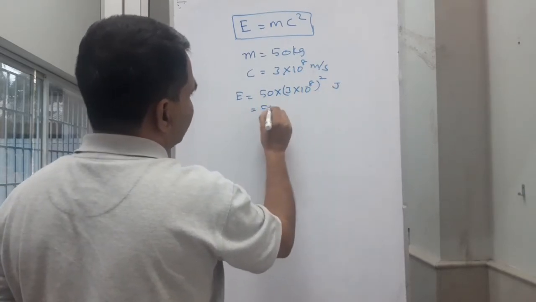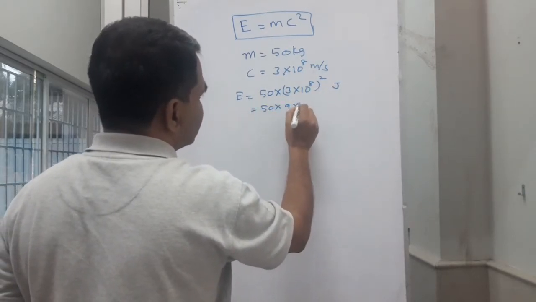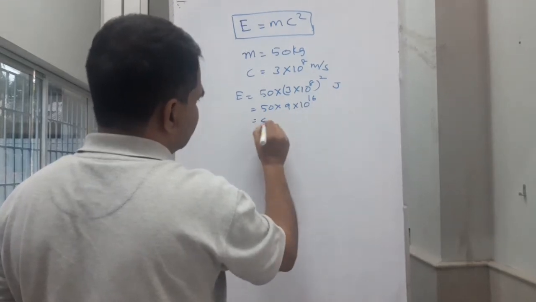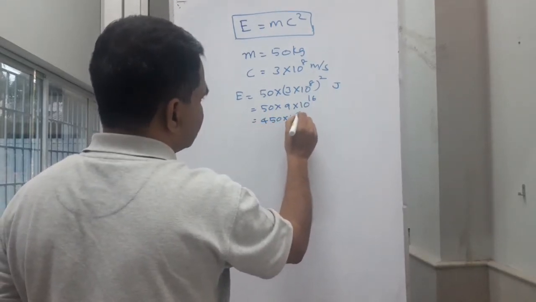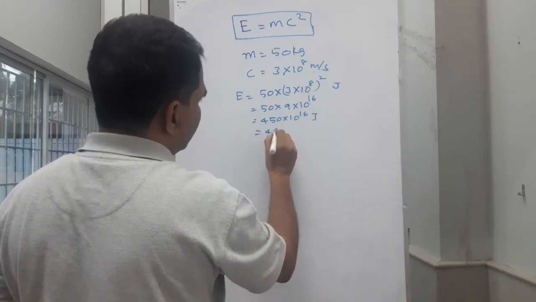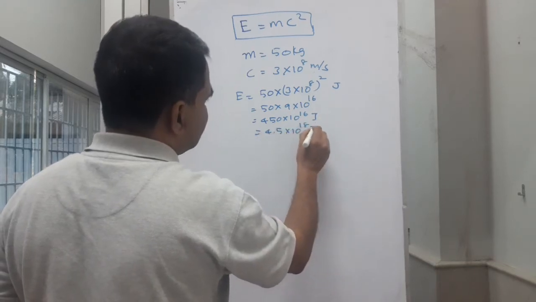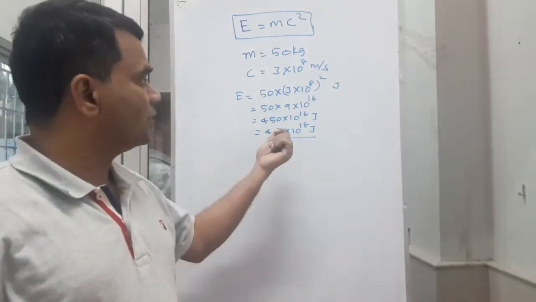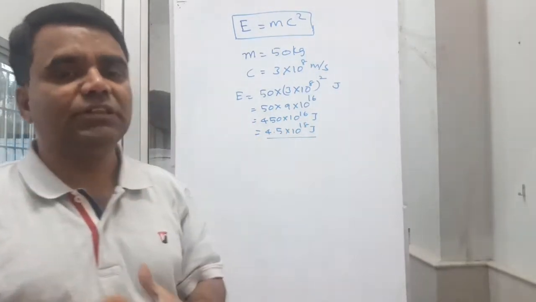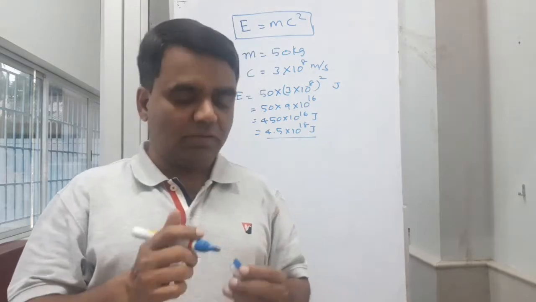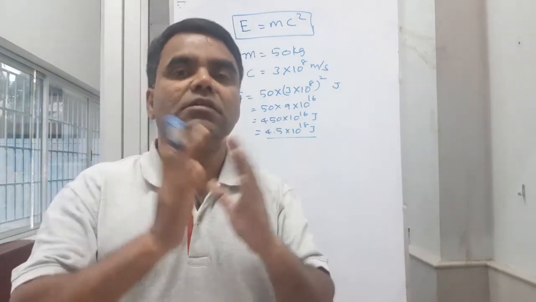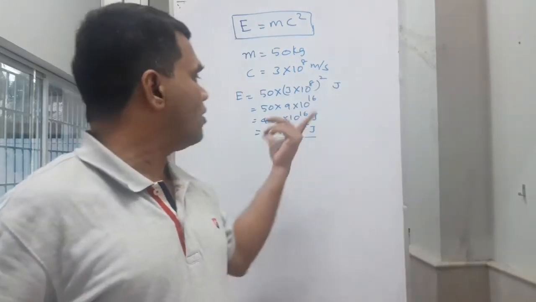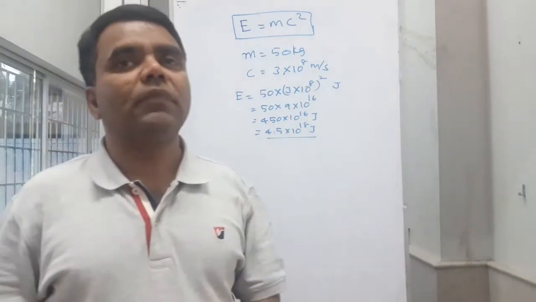So this will be 50 into 9 into 10 to the power 16 joules. So this will be 450 into 10 to the power 16 joules, or 4.5 into 10 to the power 18 joules. That is an enormous amount of energy. An enormous amount of energy can be released just by taking a mass of 50 kg and converting it completely into energy.